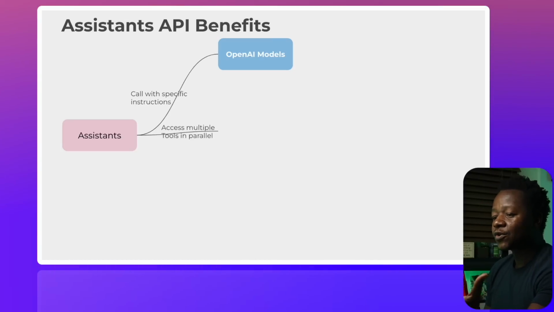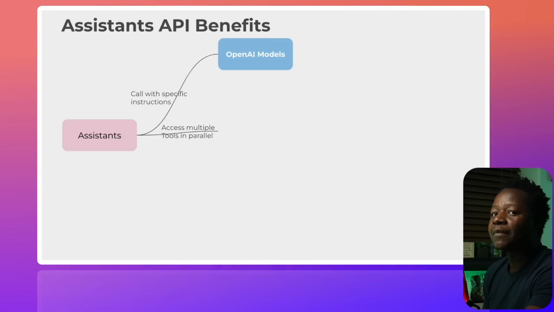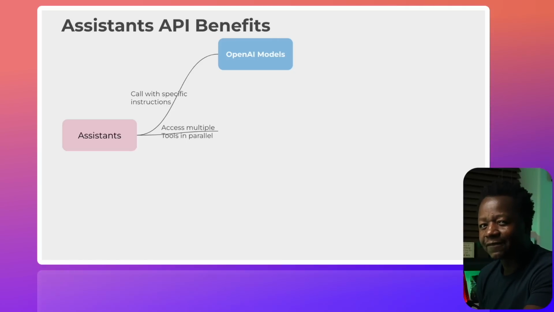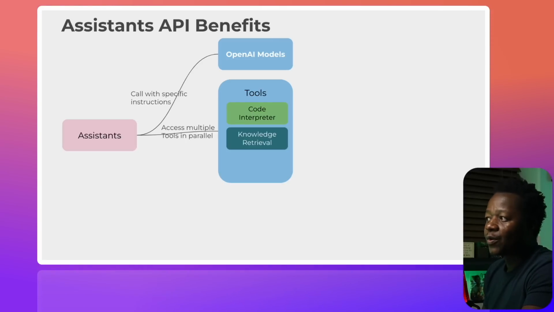So now it's sort of having these agents that can go and do stuff and bring back the results so that we can help the assistant to be a better assistant, right? So in this case here, these are tools. The tools that we have here, we talked about the code interpreter. We have the knowledge retrieval, files and documents we can upload so that our assistant is more knowledgeable about certain topics.